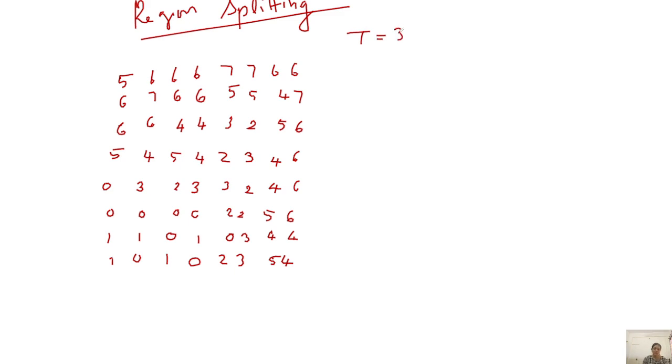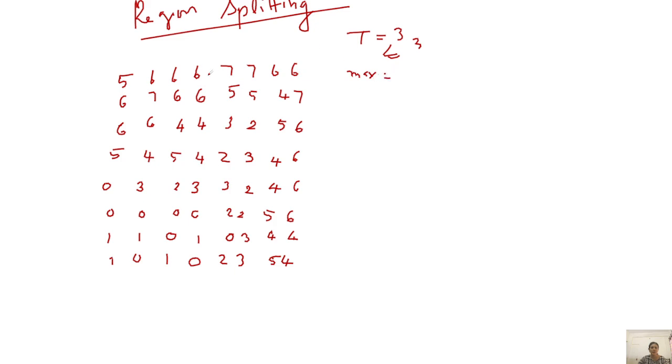Okay, so first, the condition is that the absolute difference should be less than or equal to 3. In order to find that, first I have to take the maximum value in this image.